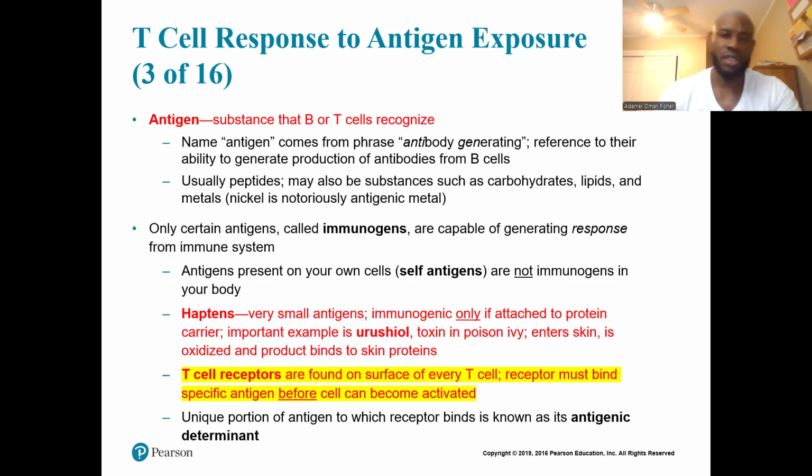An antigen is a substance that B or T cells recognize. It comes from the phrase antibody generating. It's usually a peptide, but could be a carbohydrate, a lipid, or a metal. Immunogens, a certain type of antigen, are capable of generating a response from the immune system.